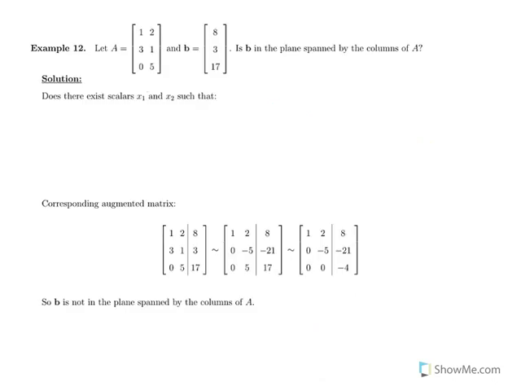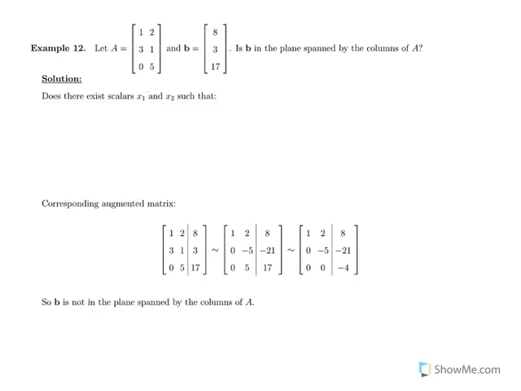So last example here, we have a matrix A, 1, 3, 0, and 2, 1, 5, and a vector B, 8, 3, 17. And the question is, is B in the plane spanned by the columns of A?